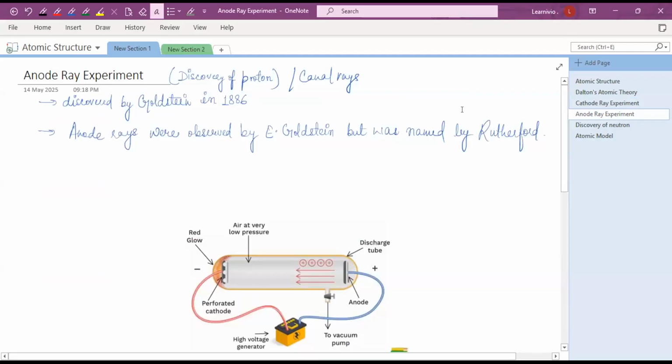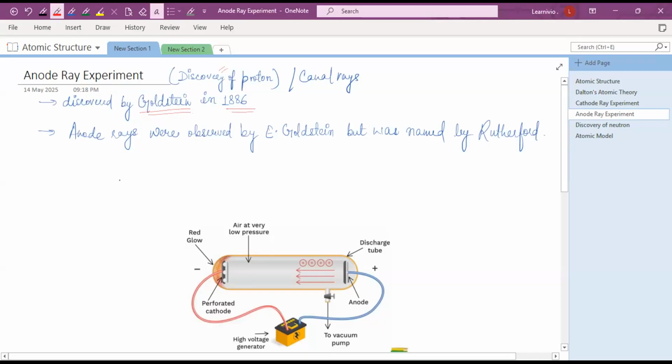Next experiment was the anode ray experiment, right? The anode ray experiment was very much similar to that of the cathode ray, and it was performed by Eugen Goldstein. Goldstein, in 1886, performed this experiment to discover the proton.